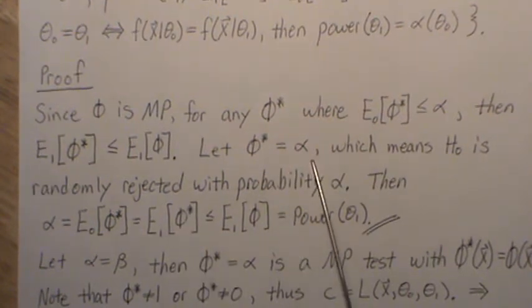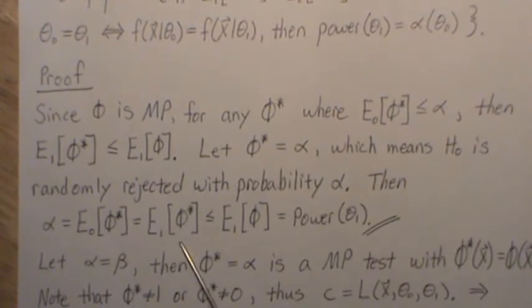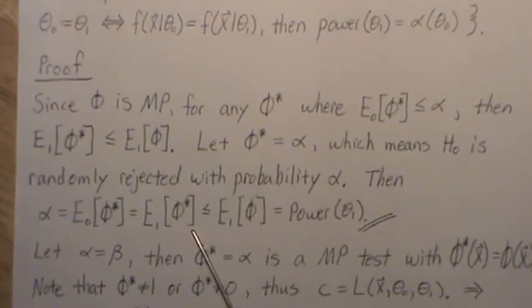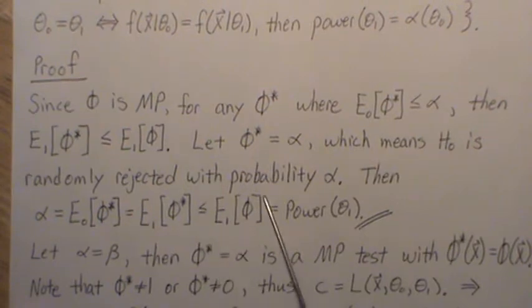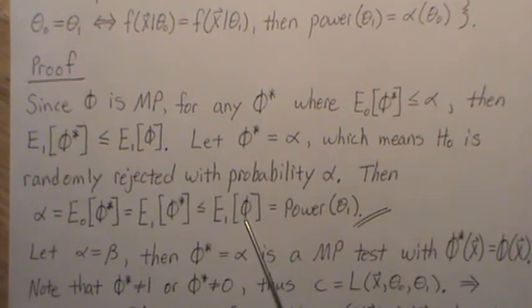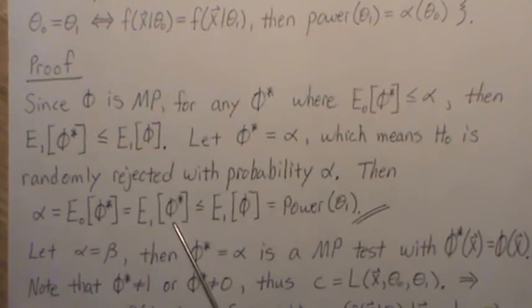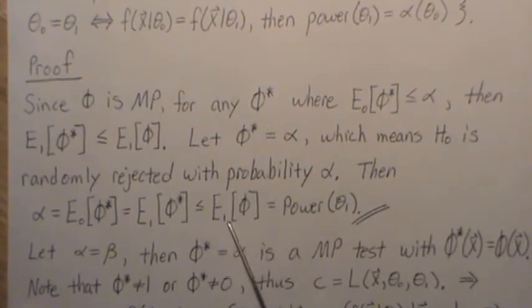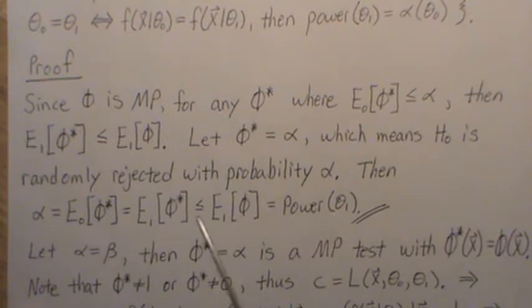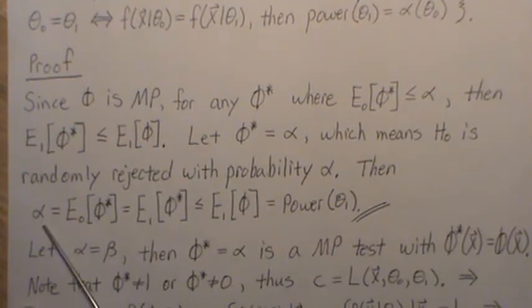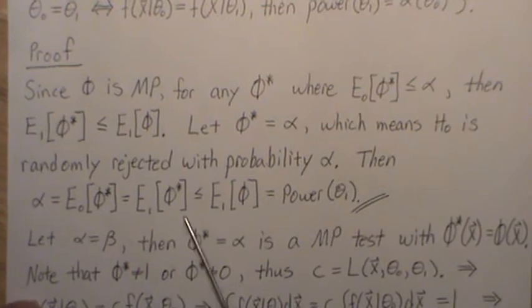It's also alpha, right? All these are the same. But the Neyman-Pearson lemma tells us that the power of the most powerful test is always greater than or equal to that, right? And this is power, right? So power is always greater than or equal to alpha.